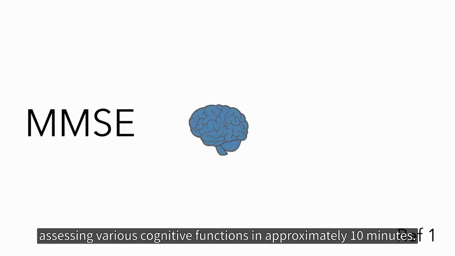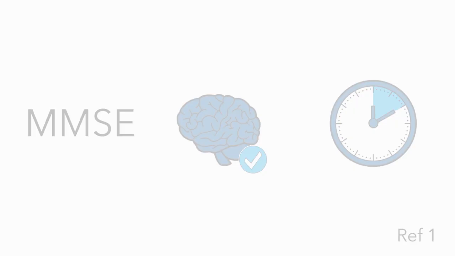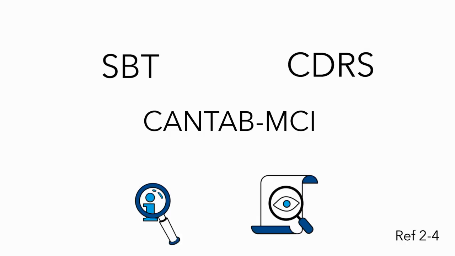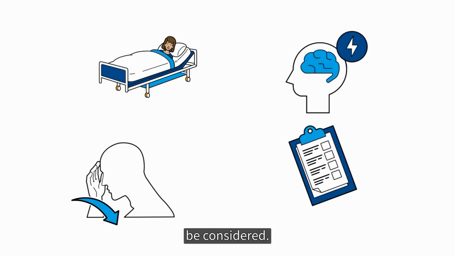The Mini Mental State Examination, MMSE, is also widely used, assessing various cognitive functions in approximately 10 minutes. Additional tools such as the Short Blessed Test, Clinical Dementia Rating Scale, and CANTAB MCI can be utilized for more specific or detailed assessments. To identify patients at risk for POD and POCD, several key factors should be considered.